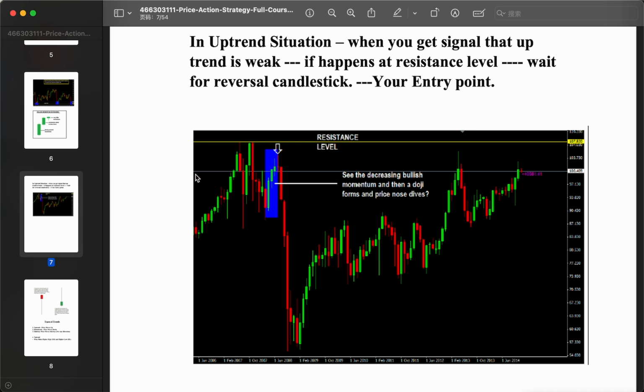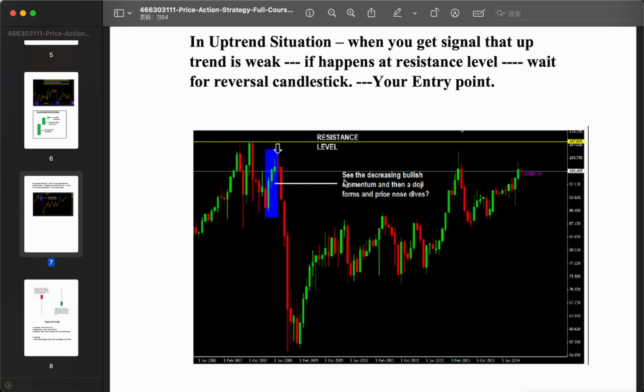So it fell three times near the 100 price level. That's why we call this a resistance level, because the price continued to hit here but was unable to break through, and it went straight down.